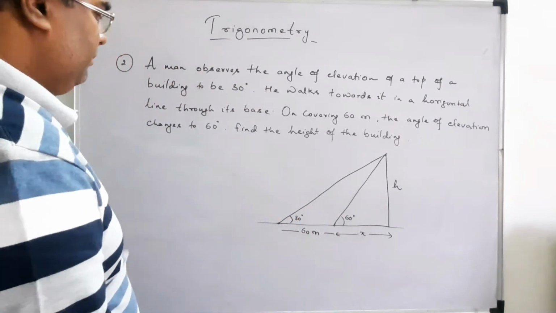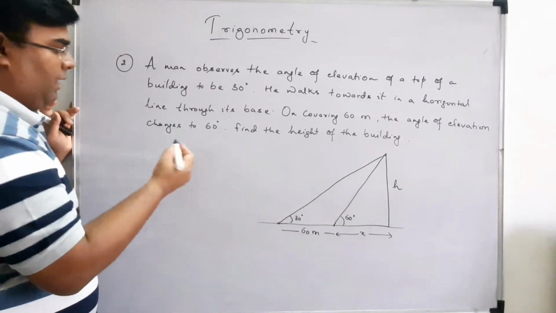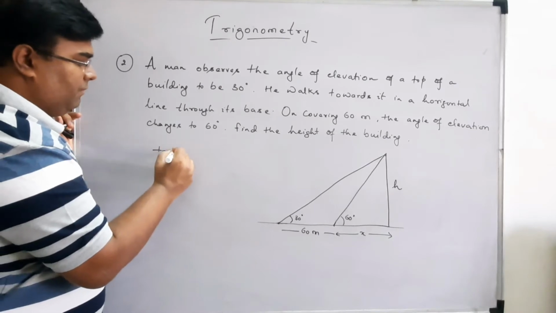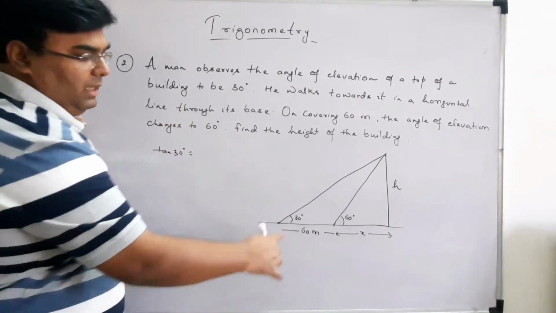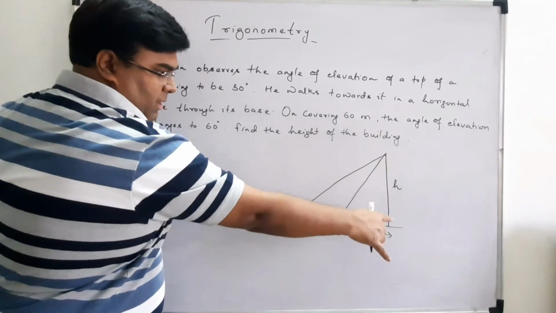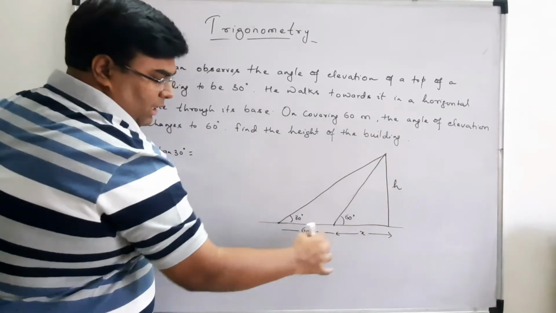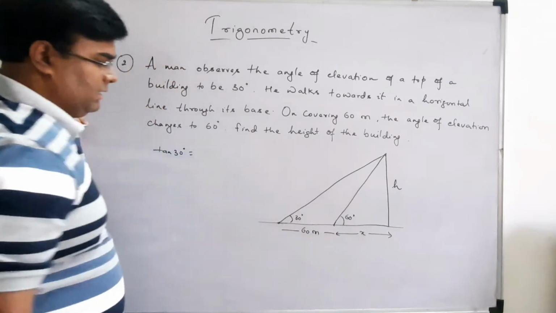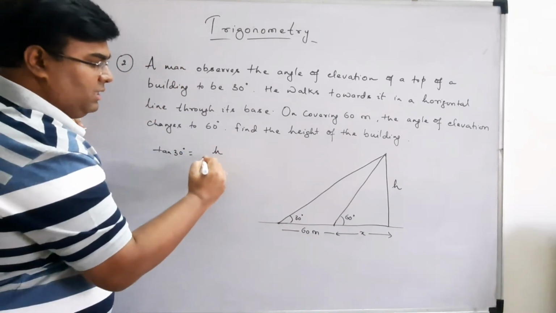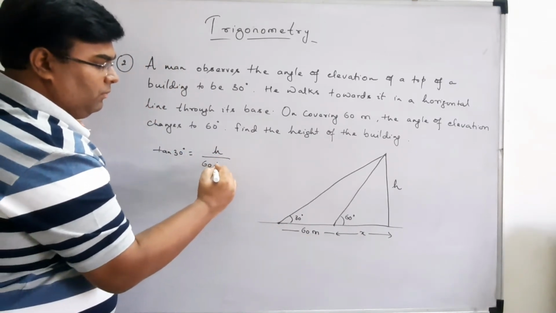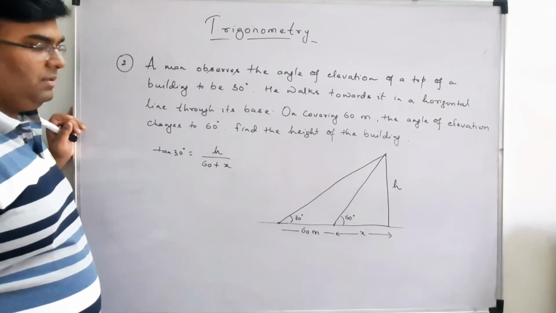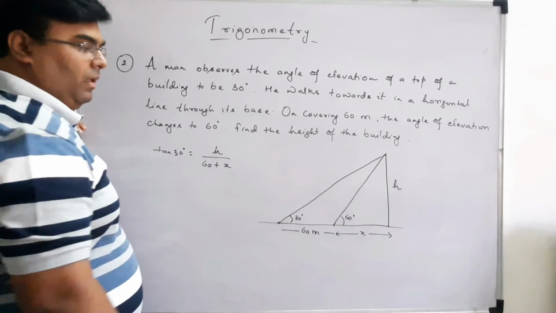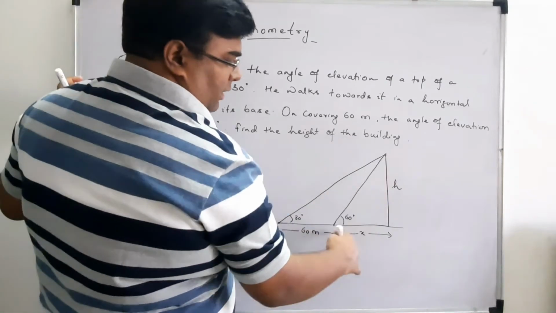So we can apply, suppose if we write tan 30, what will be my tan 30? Tan 30 is perpendicular, which is h upon base. Base is what, my 60 plus x. So we can write h upon 60 plus x, correct?